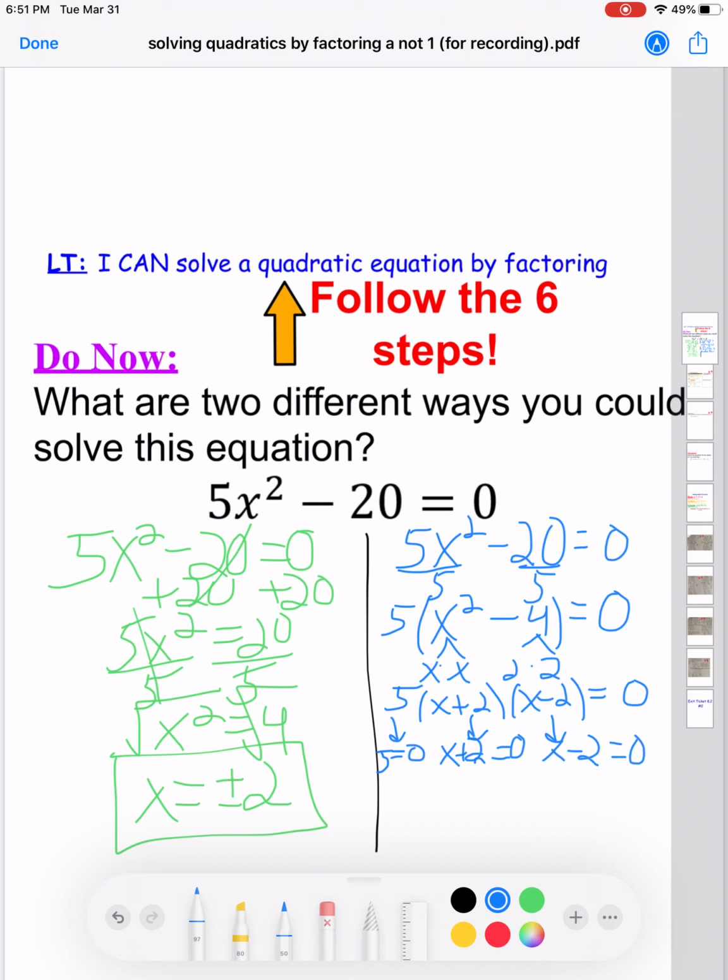Looking at the first equation, 5 equals 0, that doesn't make any sense. We can eliminate that because 5 does not equal 0. X plus 2 equals 0 can be solved by subtracting 2 from both sides, and we'll be left with negative 2, because 0 minus 2 is negative 2. And over here, we add 2 to both sides, so we're left with x equals positive 2.